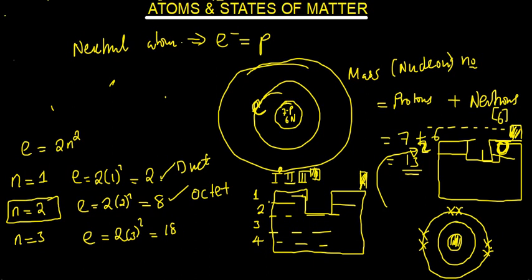So for it to have 6 electrons in the outermost shell, it means that it has 2 electrons in the inner shell, because you can't end up with 6 electrons in the outermost shell if you have not entirely filled the inner shell. So how many electrons in total does oxygen have? It has 8.